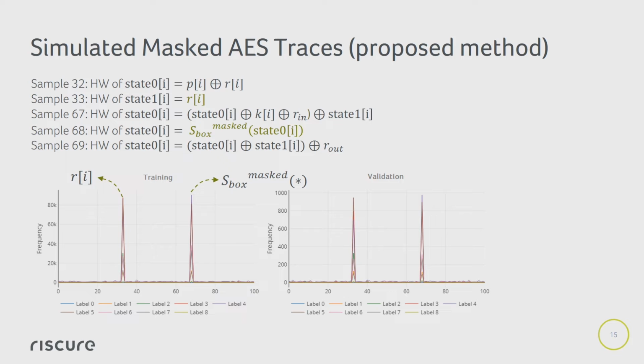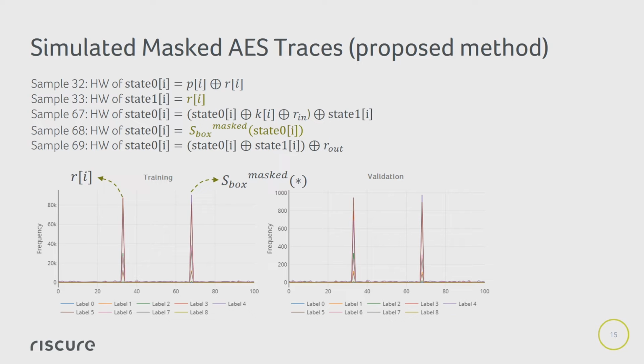But somehow the neural network, labeled as if it were an unprotected AES, identifies where it can make decisions based on the mask values of the implementation. Meaning that it learns the mask and the output mask and combines them together to make the decision.